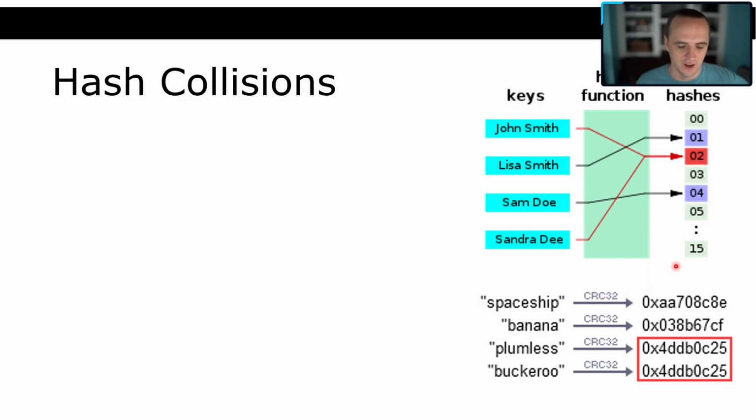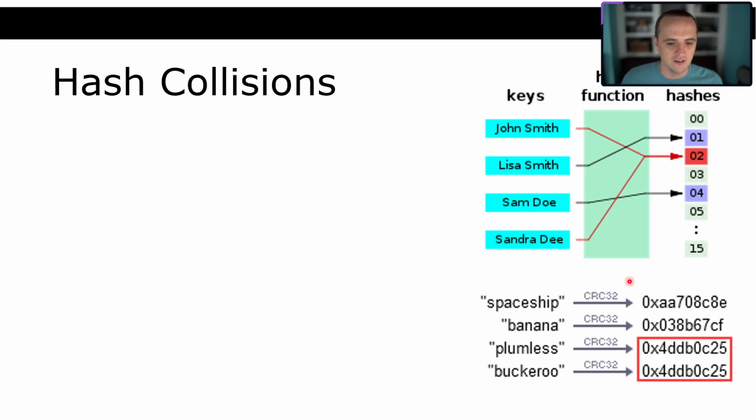And someone found out that there were a bunch of actually pretty common English words that produced the same hash value. It was terrible. So plumless run through CRC32 gave the exact same output hash value as buckaroo. Now I know, okay, plumless and buckaroo, maybe they're not the most common words, but they're actual English words that gave the same hash value.